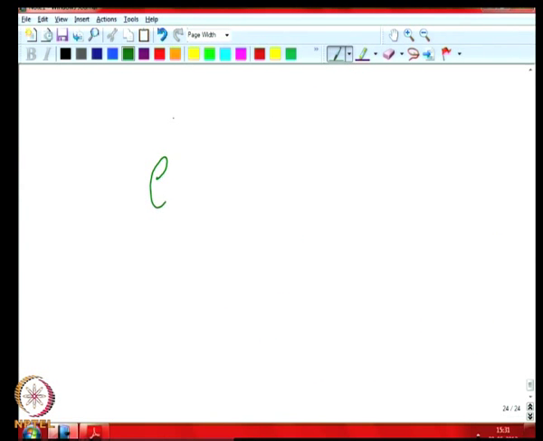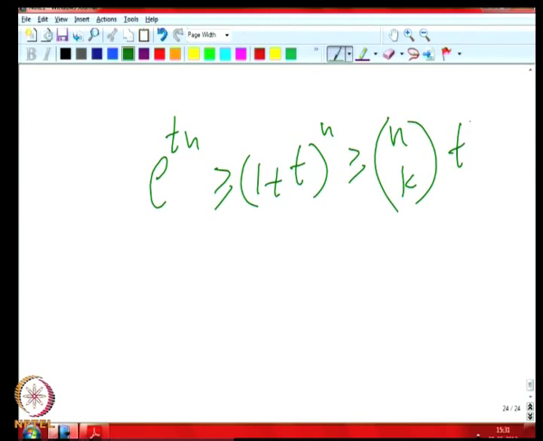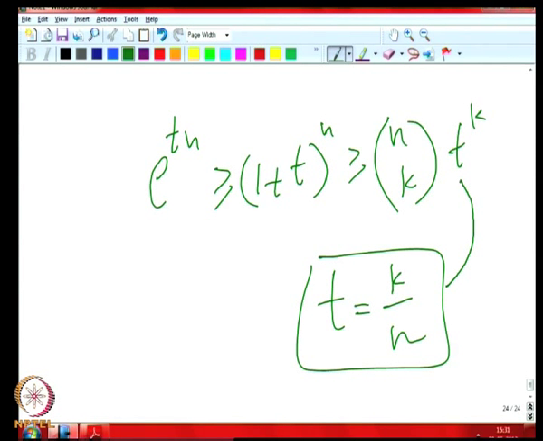So e raised to t n is greater than or equal to (1 plus t) raised to n, which is greater than or equal to n choose k into t raised to k. Now, take a positive value for t equal to k by n.